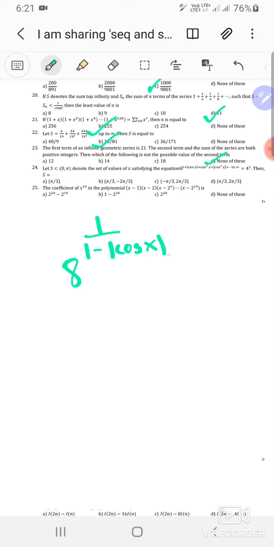Okay, cool. And this is supposed to be equal to 4 cubed, which is 8 to the power of, maybe I should write it as 2 to the power of 6 in that case. Maybe not. 8 squared will work. So that gives me 1 upon 1 minus mod of cosine x has to be equal to 2.